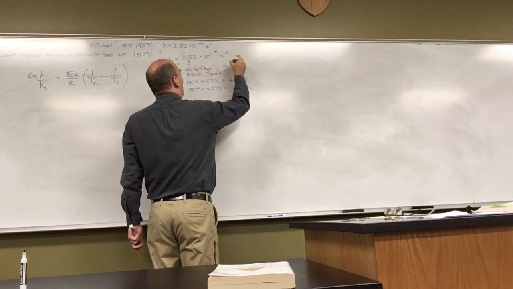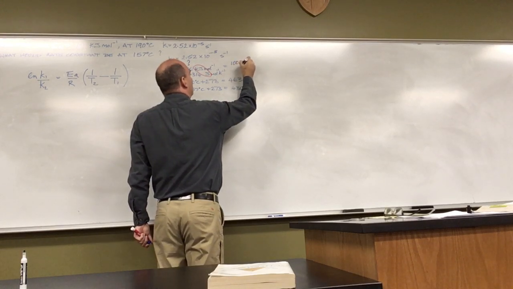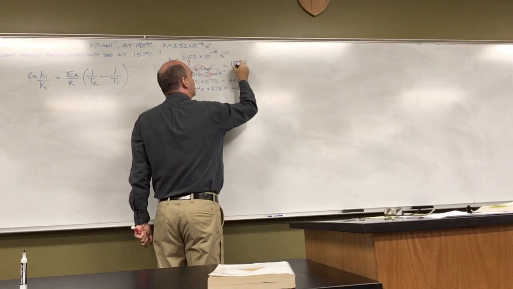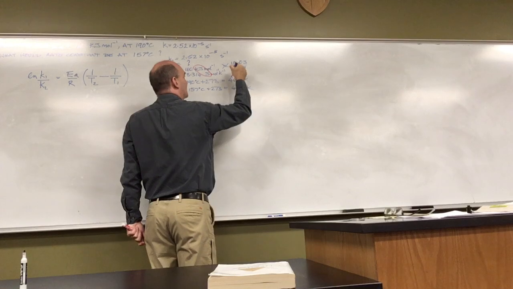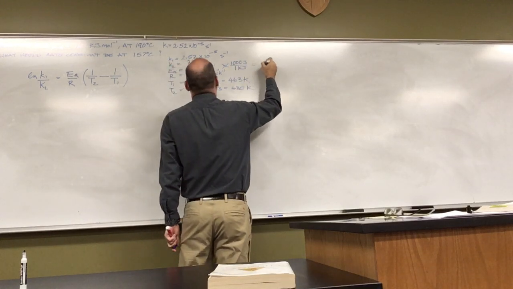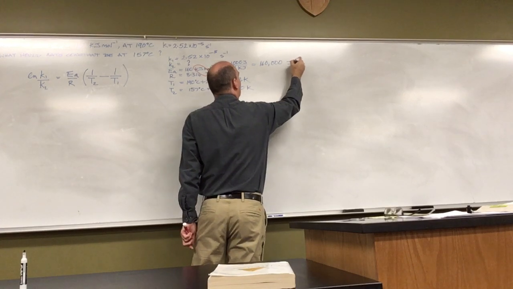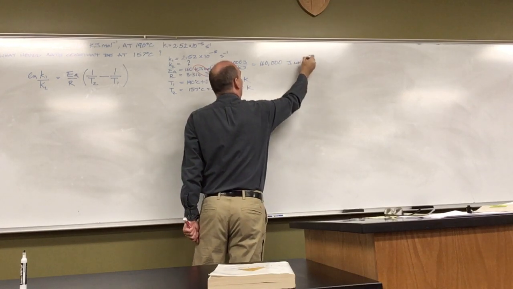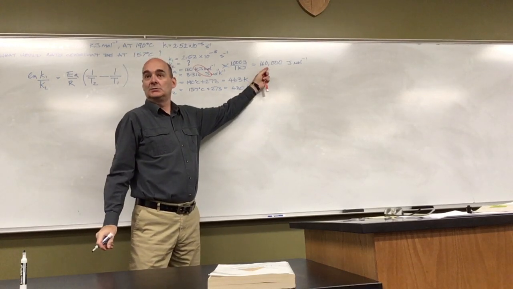Okay, so 1,000 joules is 1 kilojoule. So if I take that number and multiply it by this factor, I get 160,000 joules per mole. That's the number that's going in my calculation.